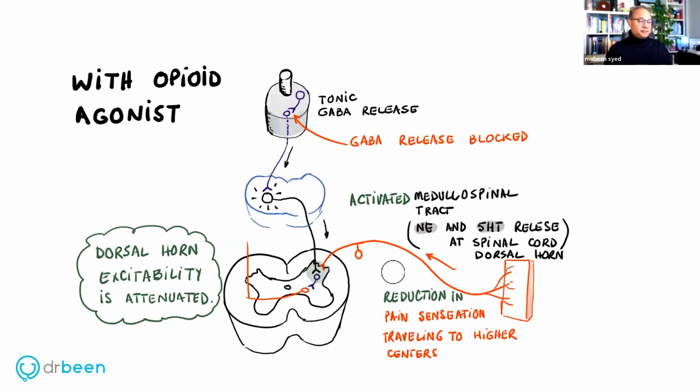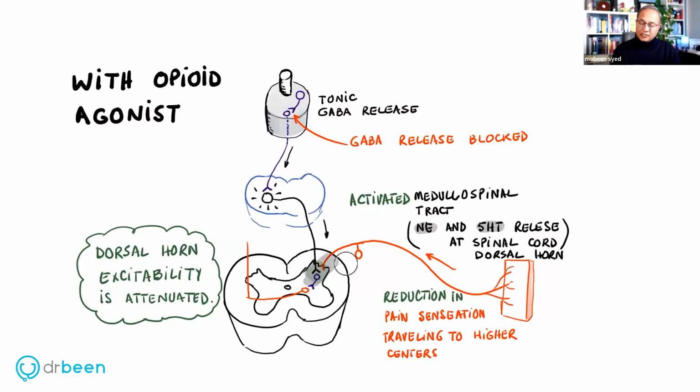So is this clear? What happened with opioids? Opioid caused GABA to be released, that inhibited this one, and then the whole system stayed inhibited. When you give opioid, then the GABA release reduces and the whole system becomes disinhibited.